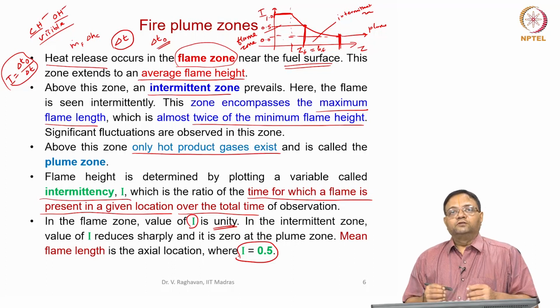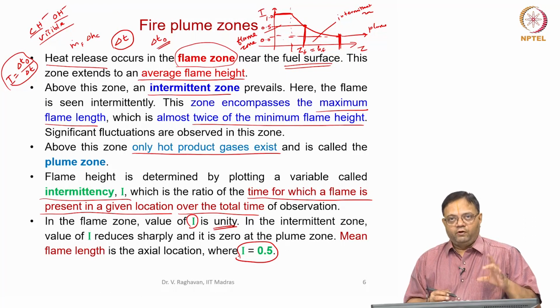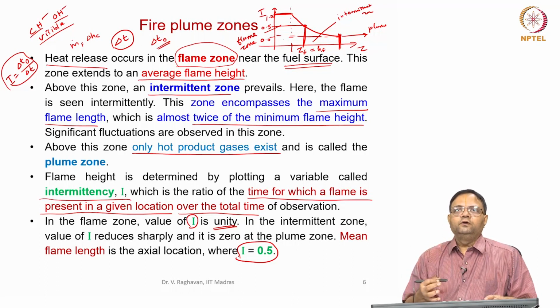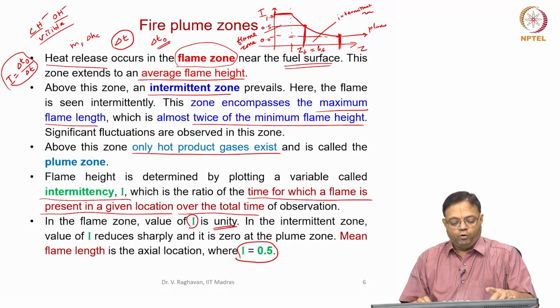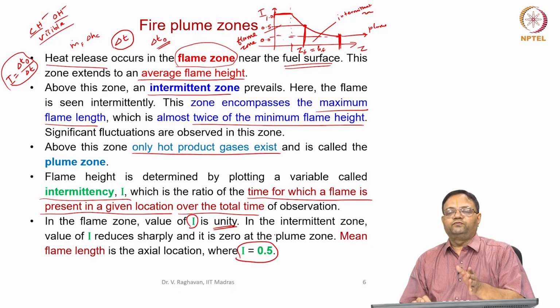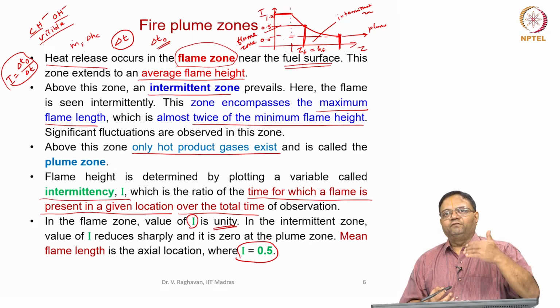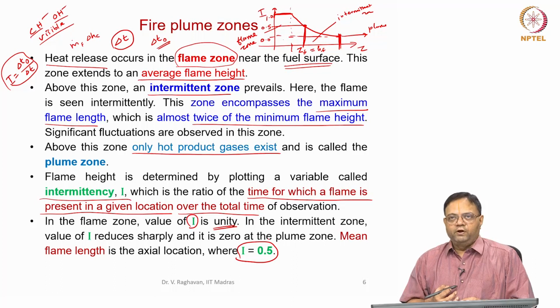So, the 3 zones in a fire will be the fire or flame zone, where chemical reactions are always occurring and actually sustain the entire fire process. Then above that, the oscillations of the fire cause the flame to be there for some time period, and that is called the intermittent zone. The height after which there is no flame activity at all is the plume zone.